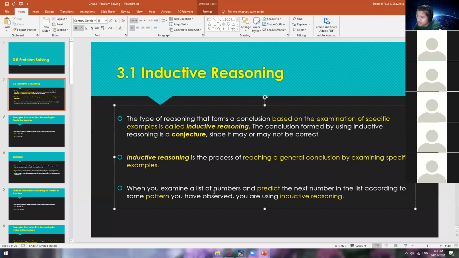When you examine a list of numbers and predict the next number in the list according to some pattern you have observed, you are using inductive reasoning. Basically, the very definition of inductive reasoning is that you're basing something on an example, on past things that happened, or on the data that you've gathered before. So that is inductive reasoning.